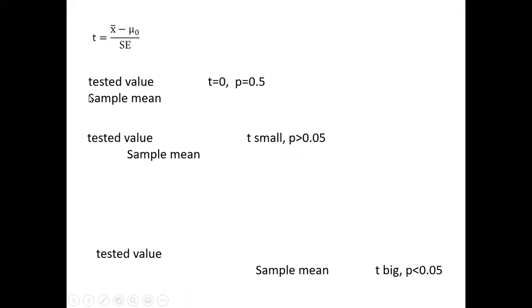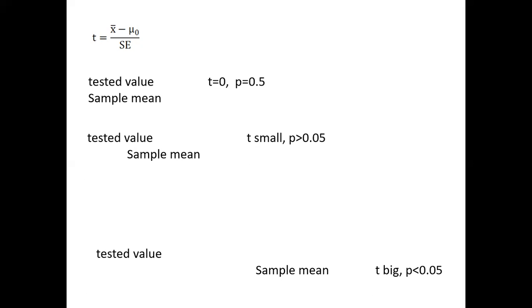Here, these two are equal. What about here? Is the sample mean slightly bigger than the tested value? Yes. What about here? Very big difference. So where these two are equal, the t will be 0. Where these two are not very far from each other, t will be small. And in this case, t will be very big.